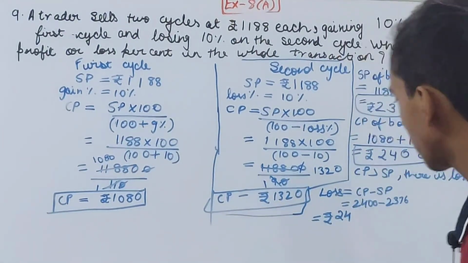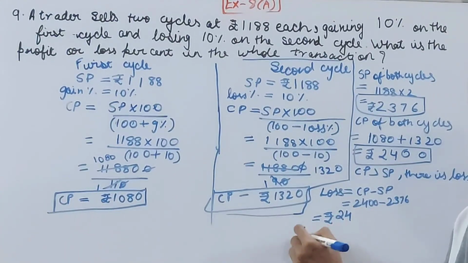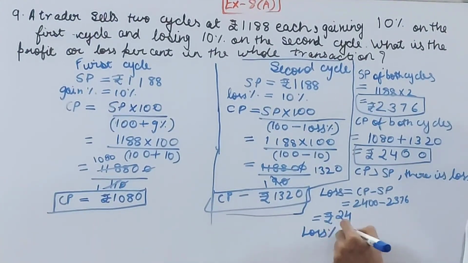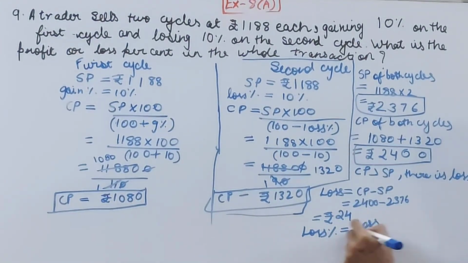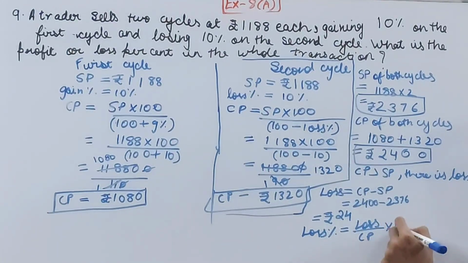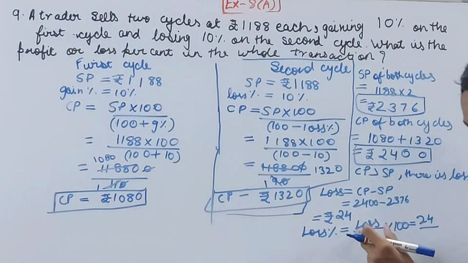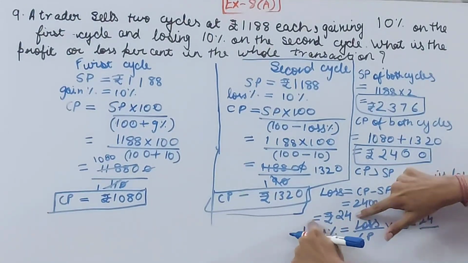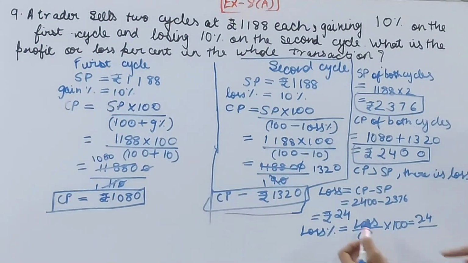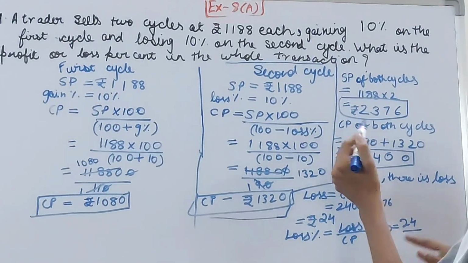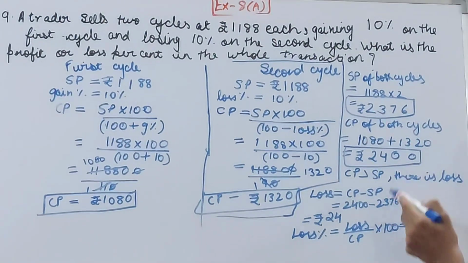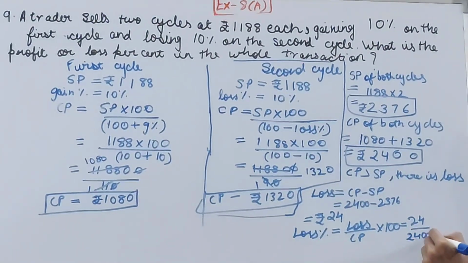Now we will calculate the loss percent also, that is loss upon CP into 100. Rupees 24 is the loss, and the cost price of both the cycles is 2400.